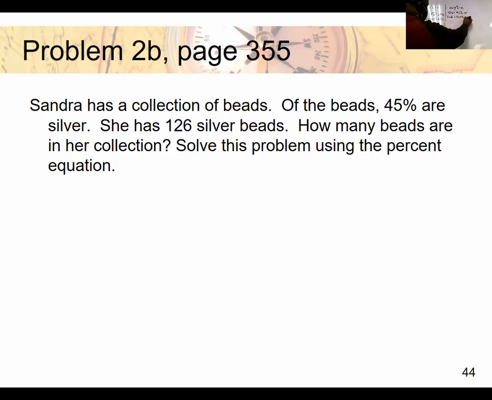So I got 126 is equal to 0.45 times N. So we divide both sides by 0.45. That'd be what, 280? Okay, so that means in her collection, she has 280 beads. Okay. All right. Any questions about those two problems there?